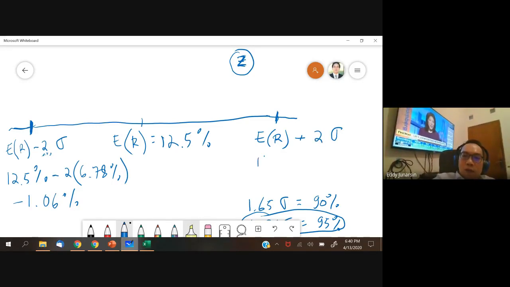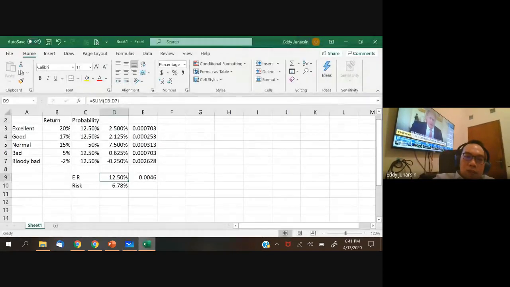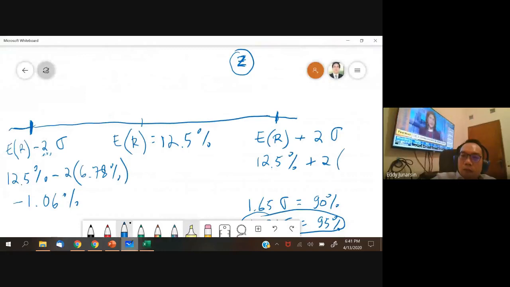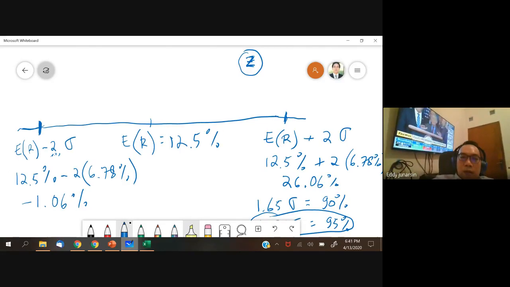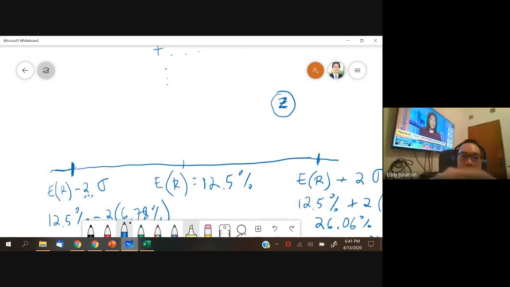So 12.5% plus 2 times, what is our standard deviation again? 6.78%. Let me calculate quickly. 12.5 plus 2 times 6.78%. So it's 26.06%.